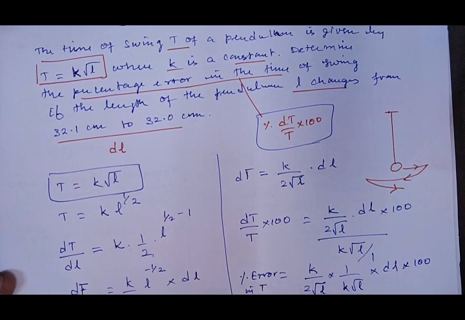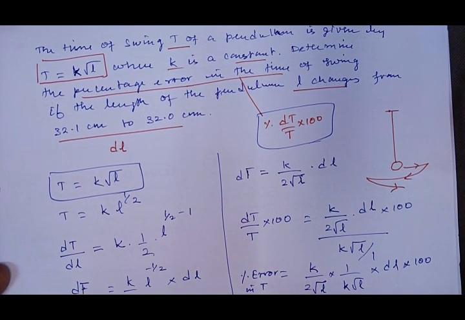Now let us substitute k; you can maintain it as such. So the k can be cancelled and root L into root L becomes L. Therefore 1 divided by 2 into L into dl into 100.